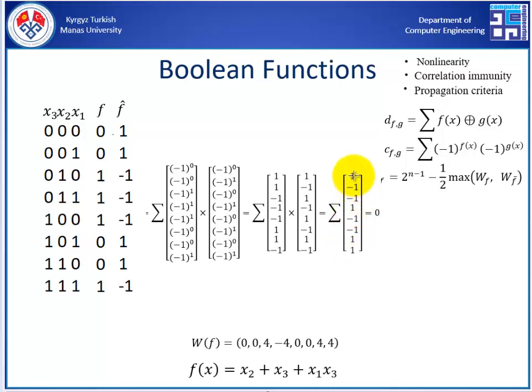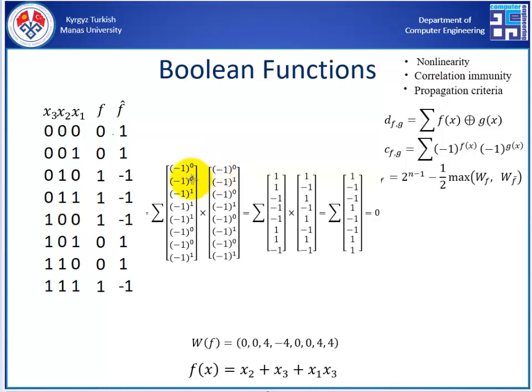The same result was obtained here. For example, if we look at this vector, there is an equal number of plus ones and minus ones, and therefore we have a 0 as a result, which shows that there is no correlation. If we try to XOR these bits, we are going to have an equal number of zeros and ones. For example, these two bits would give us 0.